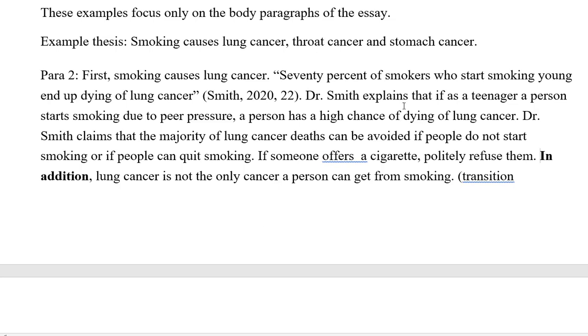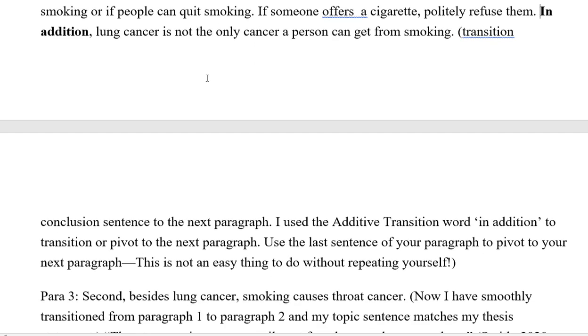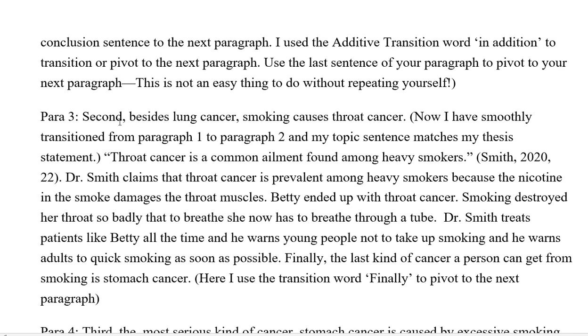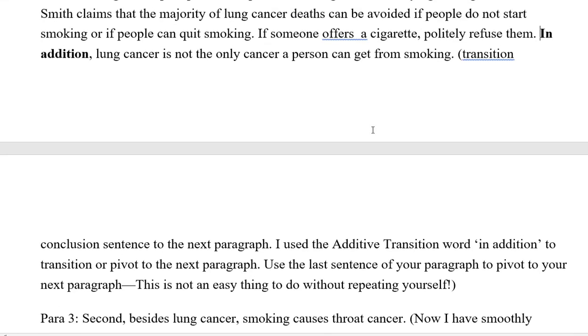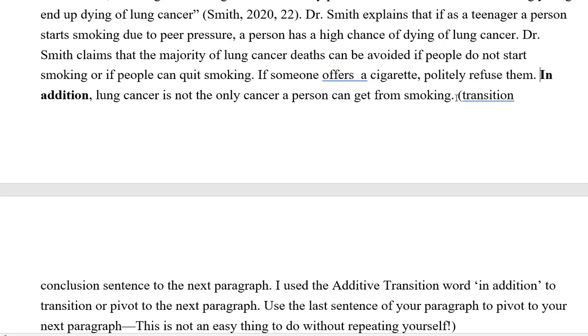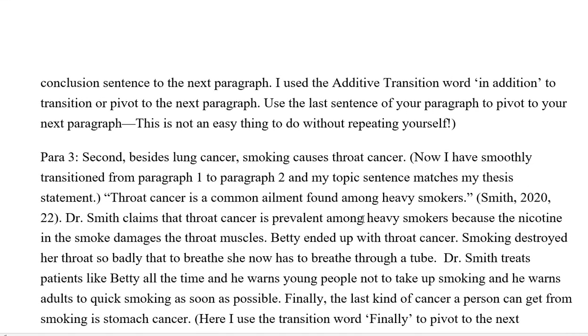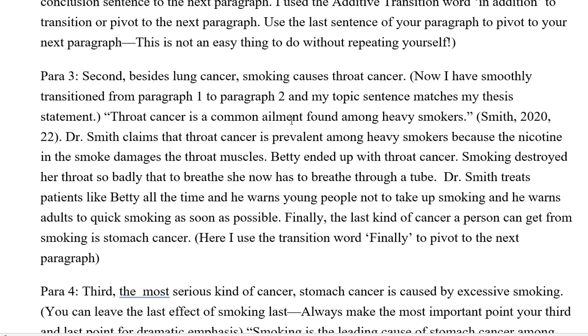So here I'm transitioning from paragraph 2 about lung cancer as I start going, second, besides lung cancer, smoking causes throat cancer. So here in your last sentence, you can start to transition into your next paragraph. Then here you would say, okay, besides throat cancer and lung cancer, you can also get stomach cancer. So you start to transition somewhere around the last sentence.